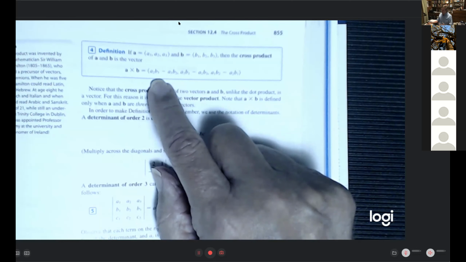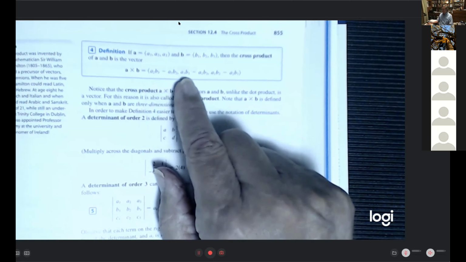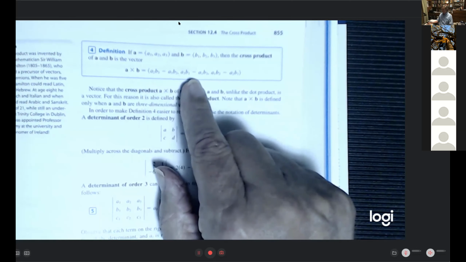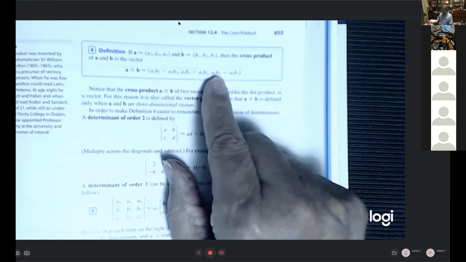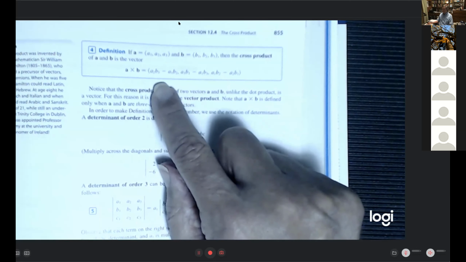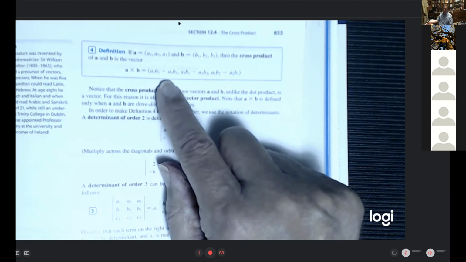The way I remember this, you start out with 2, 3: A2, B3, and then you do the opposite for the first one. The second one is 3, 1 for AB, and the third is 1, 2. So I remember the first subscripts of the three as I go here, and I remember to reverse them because there's a minus in each of them. That's one way to do it.